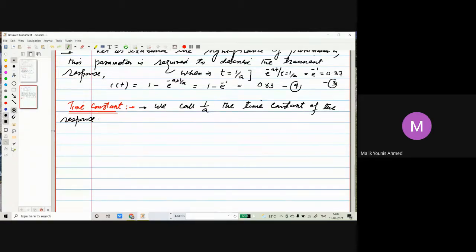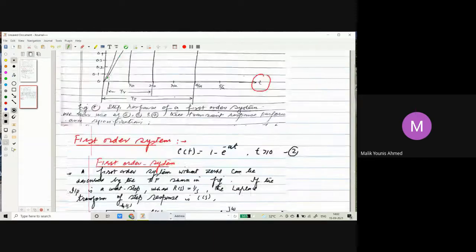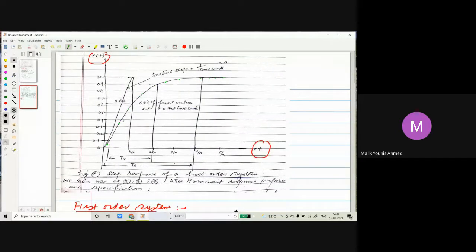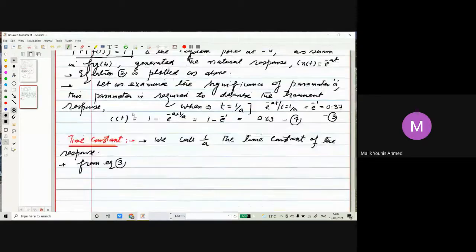Now let us take the third equation. This is a standard charging, or normal charging. You have studied this, so I don't need to explain much. From equation number 3, we have to define the time constant.